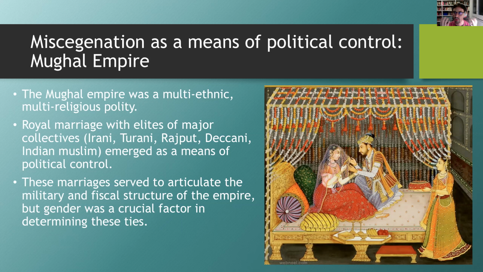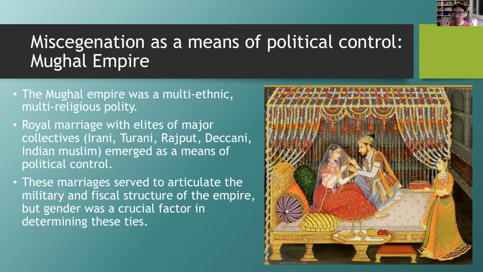Now, royal marriage with elites of major groups, major ethnic groups, such as Iranians and Rajput and Deccani peoples, slowly and gradually became a means of political control by the Mughals. And in fact, marriages between the Mughal royal princes and rulers of these elites served to articulate the military and fiscal structure of the empire.